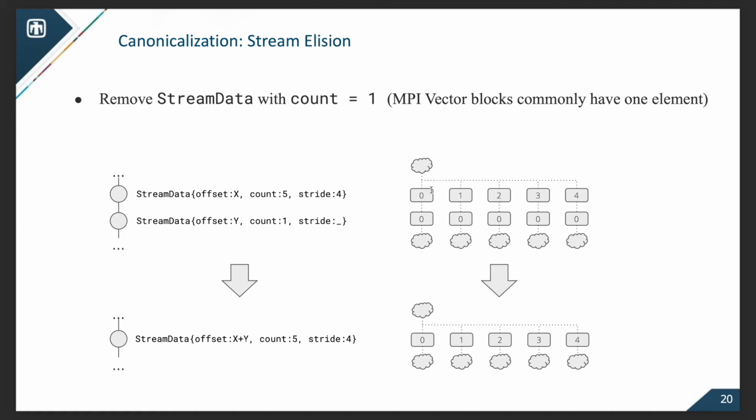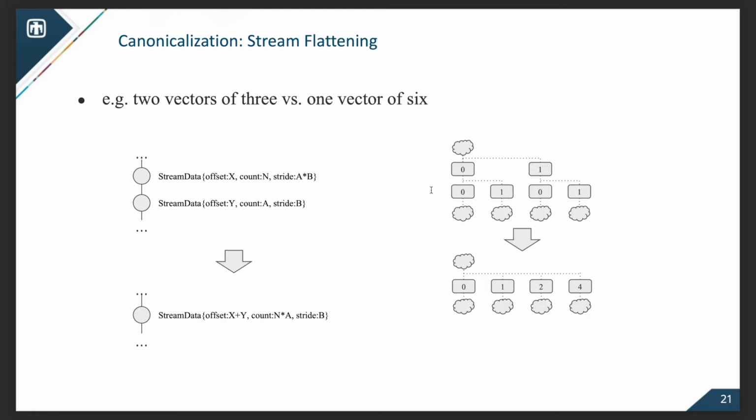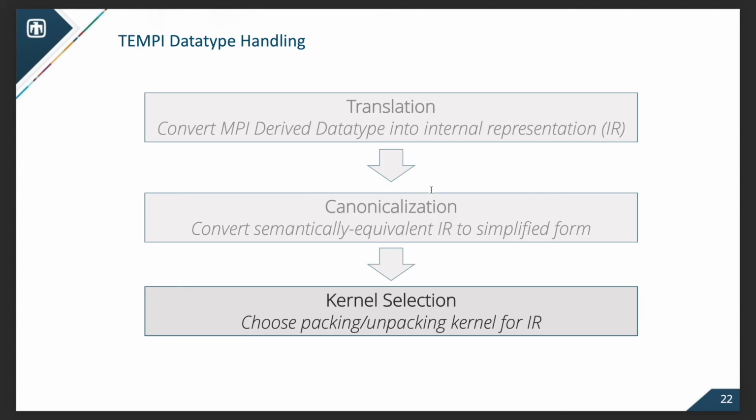We want to get rid of the stream that has only a single element in it, since it doesn't add any semantic information to our representation, so we can just delete it. The third major operation is recognizing, for example, that 2 vectors of 3 elements versus 1 vector of 6 elements are equivalent. So you can detect that and flatten it to as few hierarchy elements as possible.